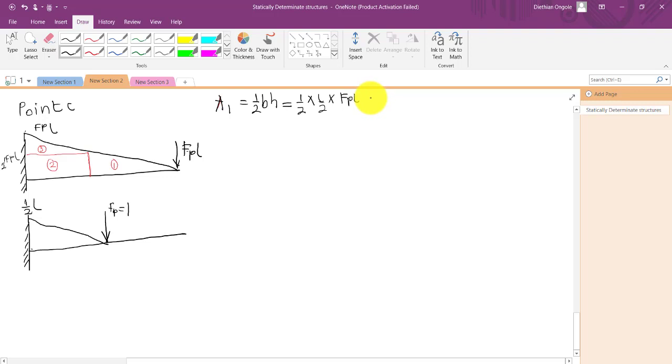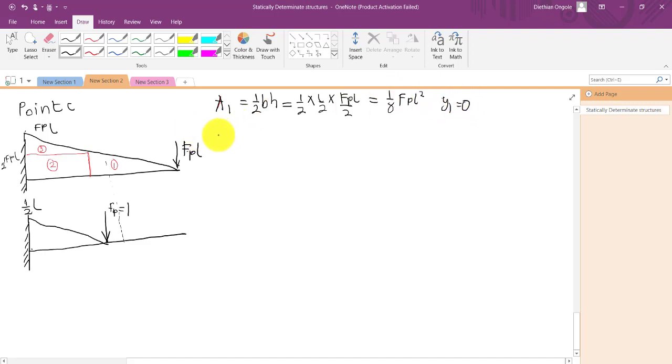This would be giving us the area as 1 over 8 FPL squared. But then the y, if you come and draw a line from the center coming downwards to determine the y, you discover that the y is 0. So y1 is equal to 0.